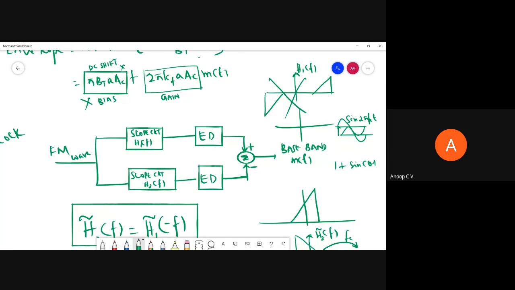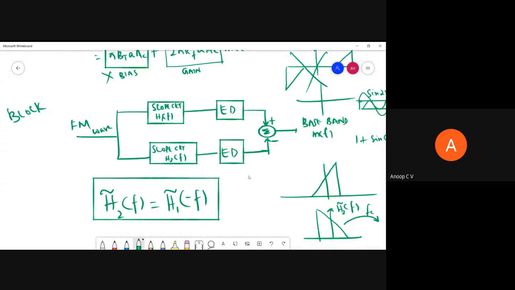In order to clamp it down, or eliminate that DC term or bias term, we should have a balanced frequency discriminator. That balancing can be accomplished by adding an additional slope circuit in parallel to the given slope circuit, and subtracting the resultants. Then this part will be removed. So maybe you can just try it out.